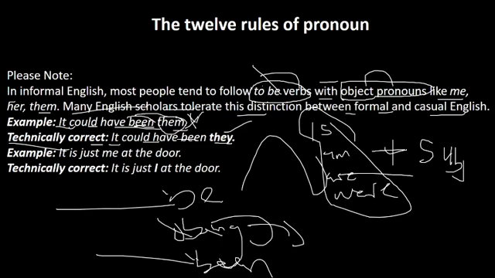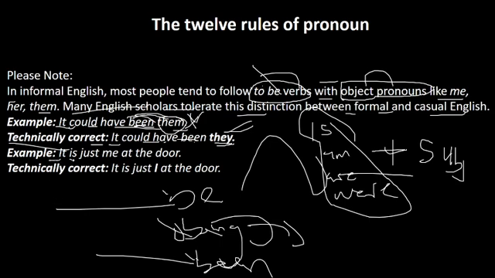Object pronoun. Them, we beat them. Them is an object pronoun. Don't use the objective case when you have a be verb. You use the subject case. The correct form is what? It could have been they. That is technically correct.